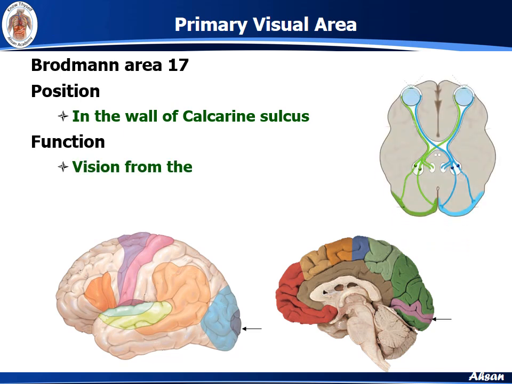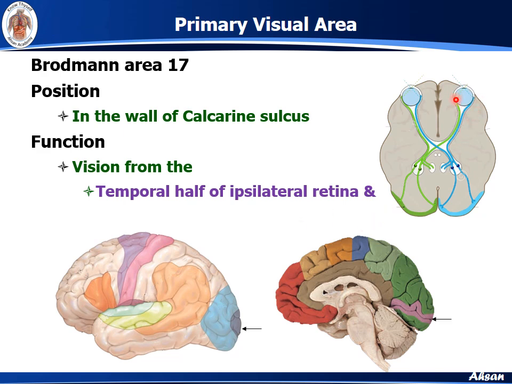The eye is the receptor organ of vision. Here you can see in the diagram, this is the eye. The receptor receives the vision impulse, and from the medial side of the eye the fibers cross to the opposite side, but from the lateral part they remain on the same side. So the visual area receives a combination of stimulation from the opposite eye as well as from the same side.